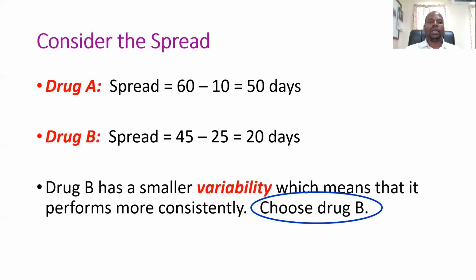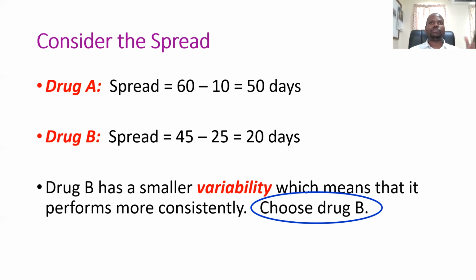That means when somebody is taking drug B, they're likely to have fewer days than when they are taking drug A.